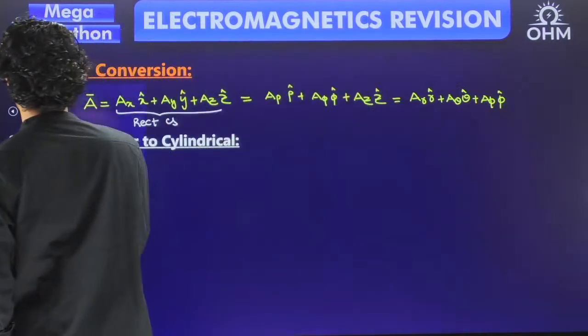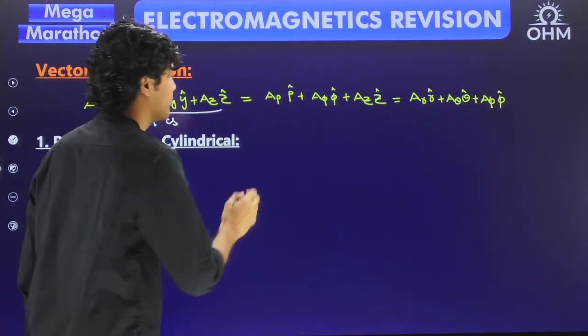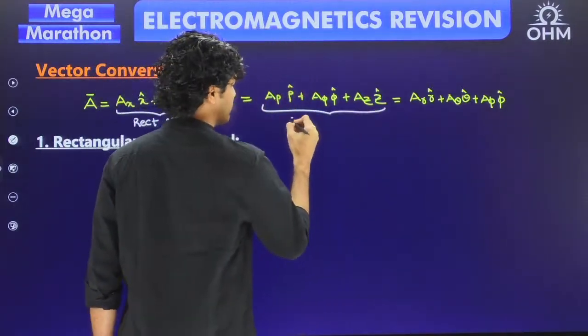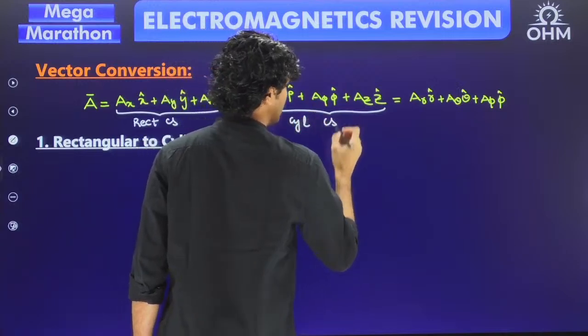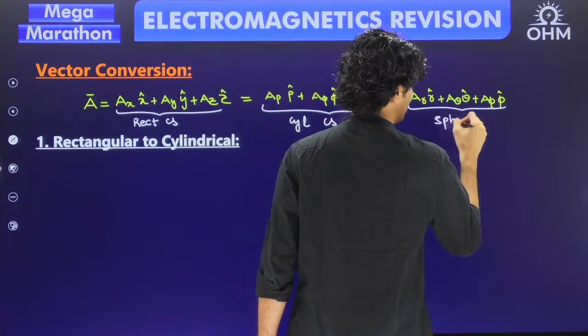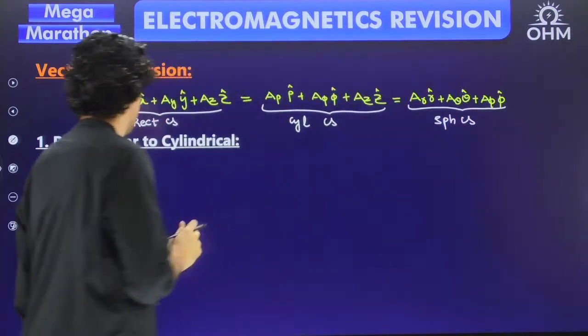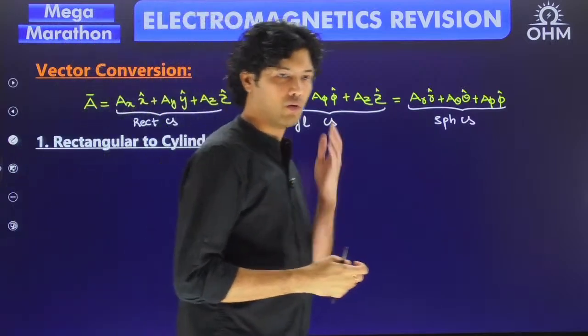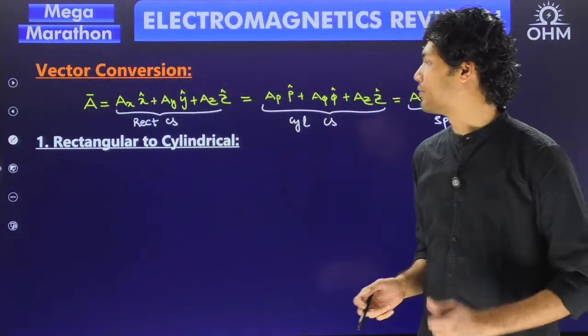So in all three cases the vector field remains the same, but the representation of that vector field changes. This one is the cylindrical coordinate system, and the last one is the spherical coordinate system. Given this, we should be able to convert the vector field from one coordinate system to another.